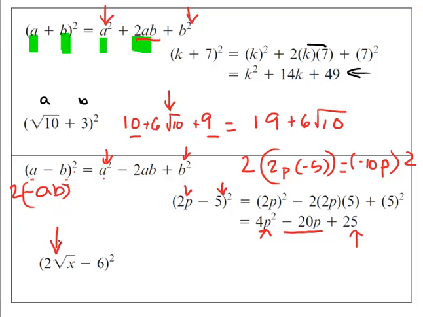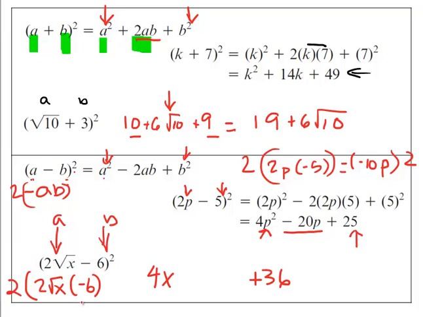So here's my first term, that's the a term, here's the b term. My first term is squared, so 2 times 2 is 4, and the square root of x squared is x. My last term is negative 6 times negative 6, which is positive 36. My middle term is 2 times 2 square root x times negative 6.